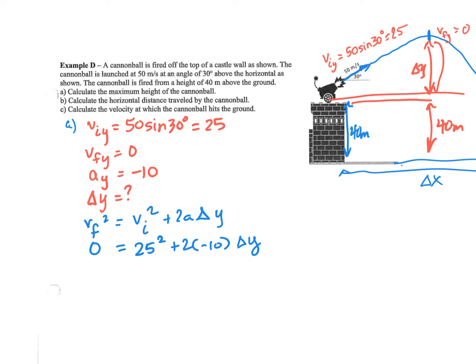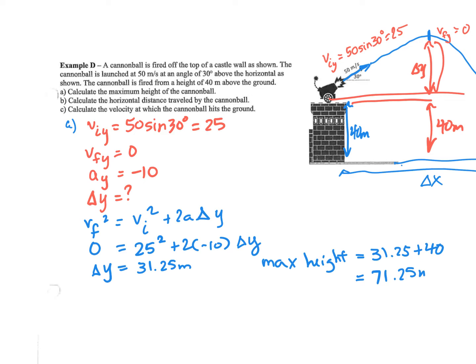So when we solve this, work out the algebra and solve it for delta y, what we get is 31.25 meters. Well, that's all well and good, but what we're going to add to that is the total max height. So our max height is going to be that 31.25 plus the additional 40 to the ground. So its max height is 71.25 meters.